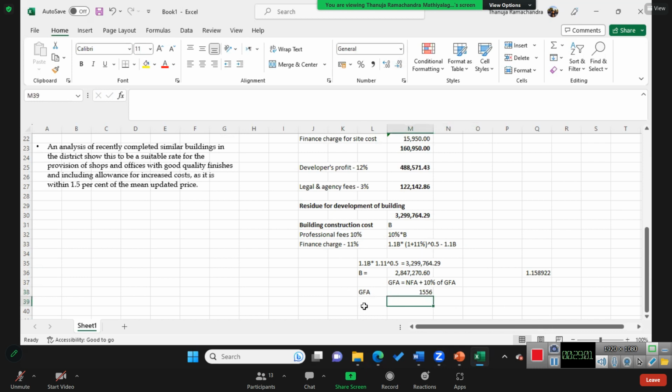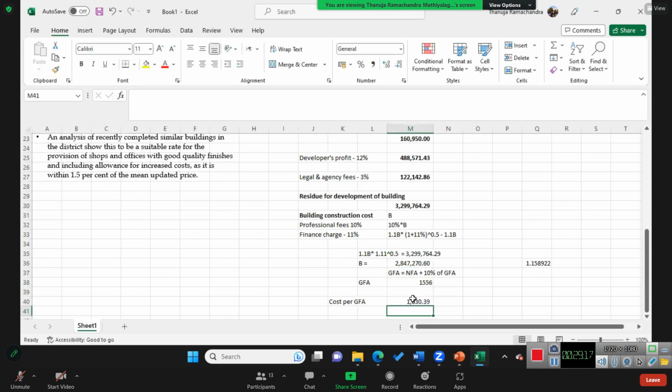Okay. So cost per GFA is the question. What is the allowable? So we got this one. That's for the total. So per GFA is 1,800 something. Okay.